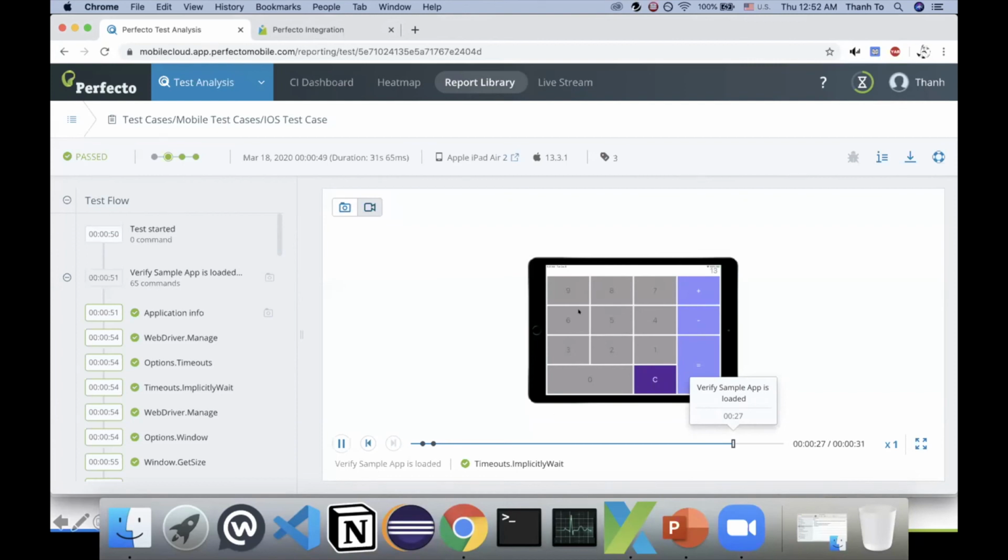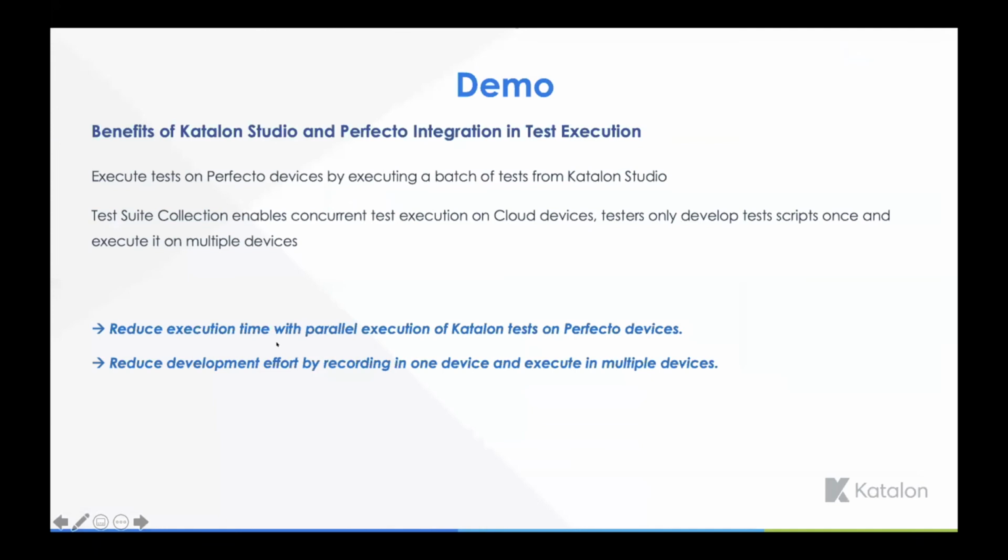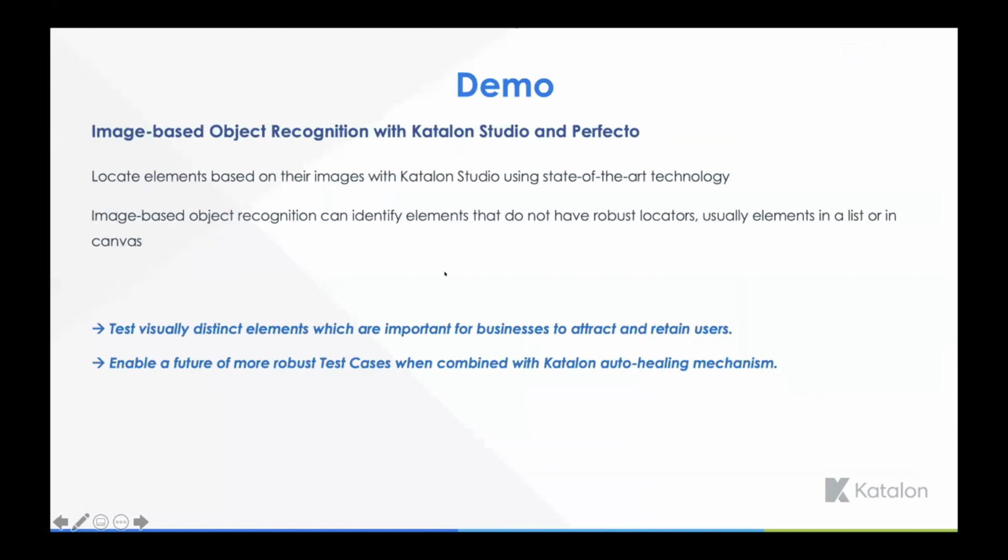But with the new feature, image recognition in Katalon Studio, which utilizes the Appium state-of-the-art technology, it will be easy to test these elements which have very distinct visuals.